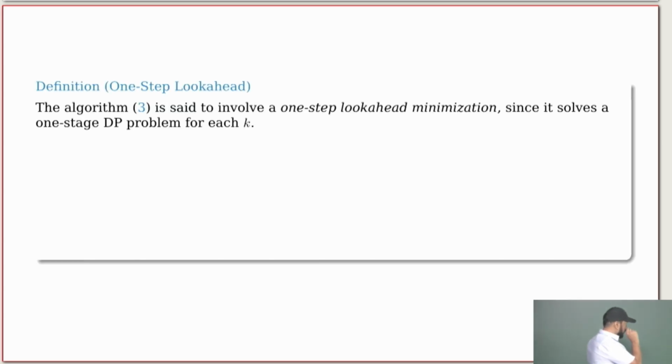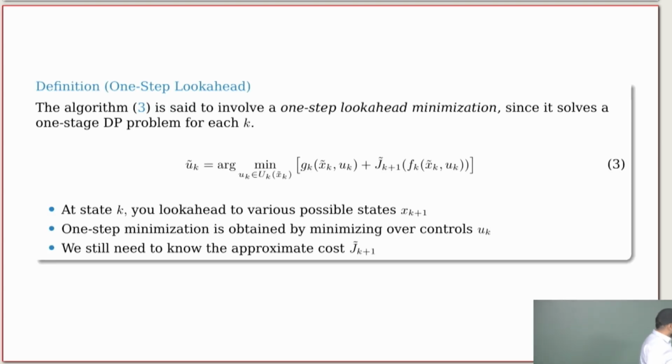So the algorithm that we had, which is the approximate DP: basically, we have J star replaced by J_k tilde, which is the approximate cost, and hence the approximate suboptimal states and suboptimal control. So at state k, you look ahead to various possible states x_{k+1}.